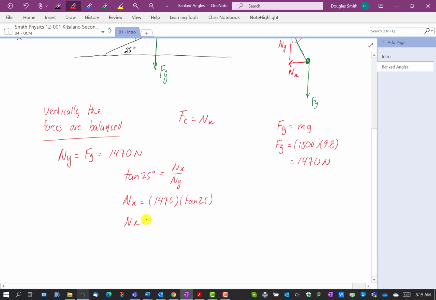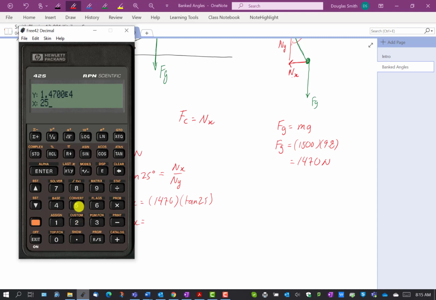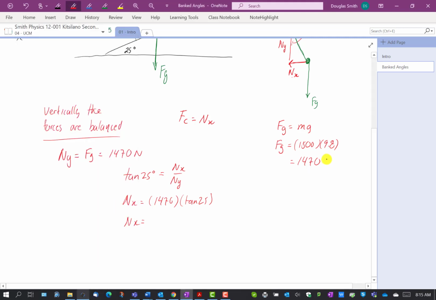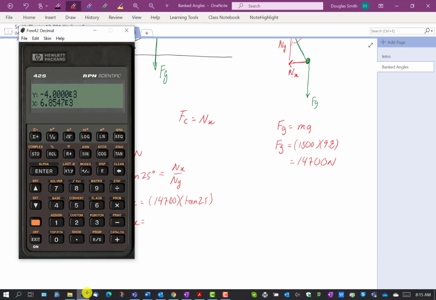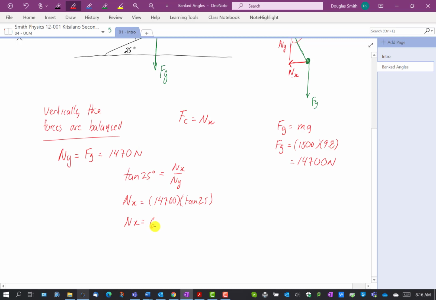So the horizontal component of that is, sorry, there's another 0 here, that's why. So that is 6.855 times 10 to the 3, and that's equal to the centripetal force.